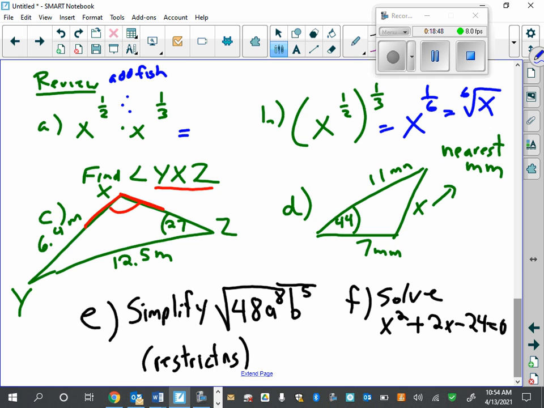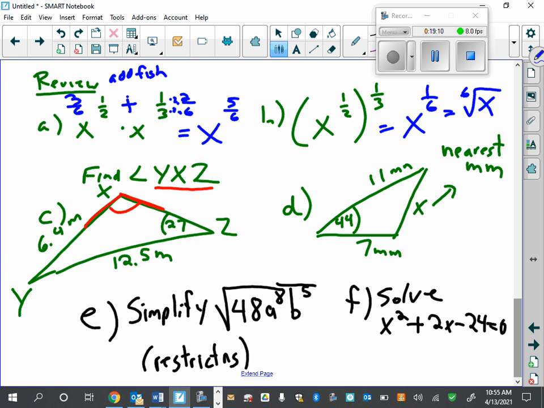So 1/2 plus 1/3 equals what? Good job, 5/6. You can only add fractions if they have the same denominator. So this is 3/6, and this is 2/6 if you multiply the top and bottom. So 3/6 plus 2/6 equals, at the top, keep the bottom, 5/6.